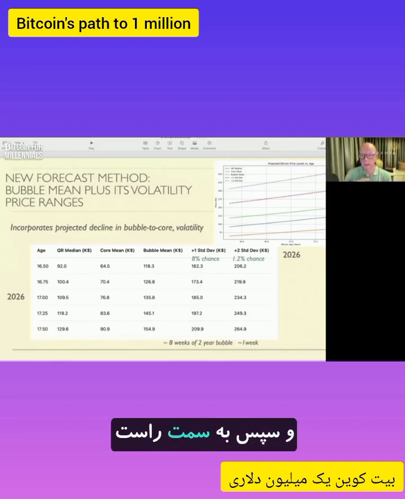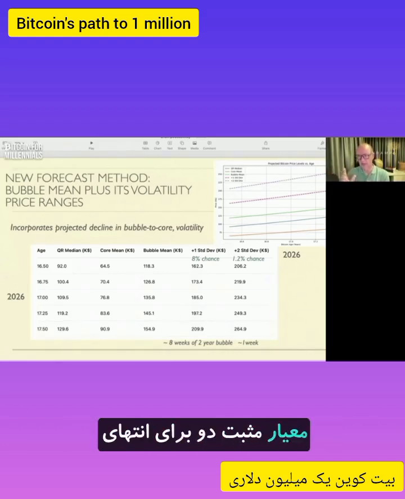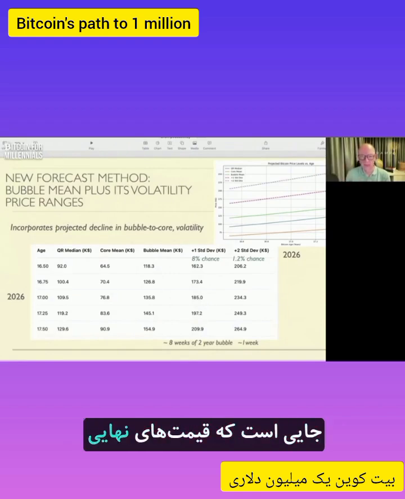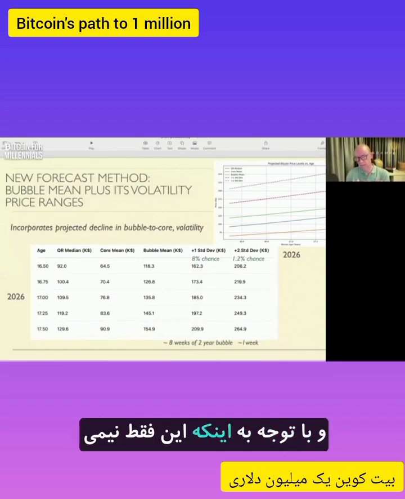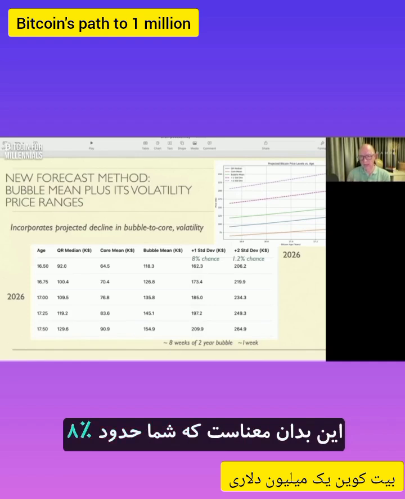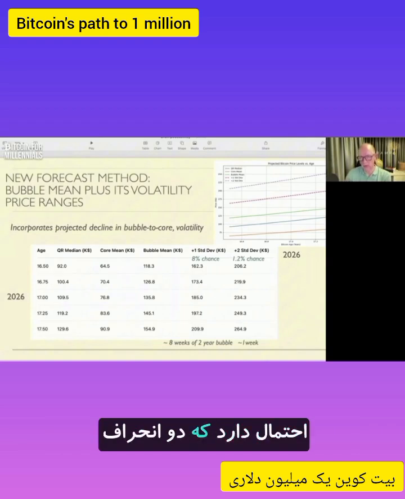Then look at the right side of the bubble, the +1 and +2 standard deviation, the right tail, where your extreme prices can be. Given that's only half the data in the bubble, you've got about an 8% chance of being 1 standard deviation on the right side and only about a 1% chance of being 2 standard deviations. So you shouldn't expect much more than that.